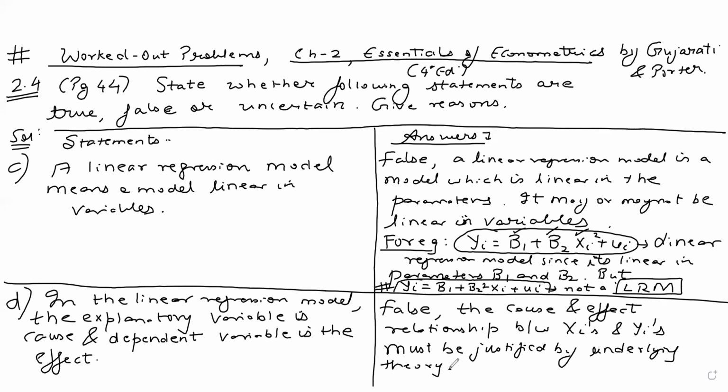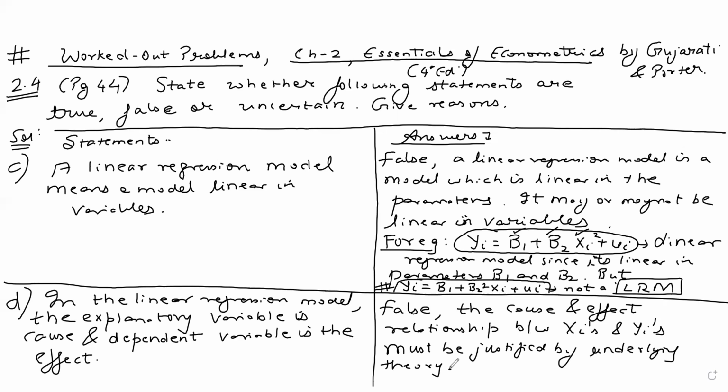Okay, so in the beginning of our lectures on linear regression only, we had clearly mentioned that when we talk about a linear regression, it does not show the causal, it does not show the cause and effect relationship. It just shows the degree of relation between the explanatory variable and the dependent variable. The cause and effect relationship must be justified from the underlying theory.